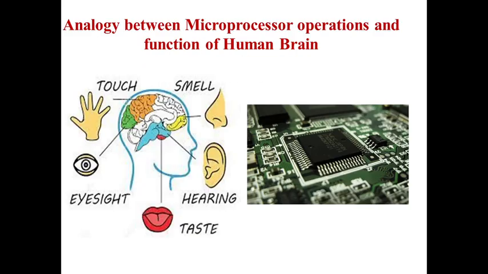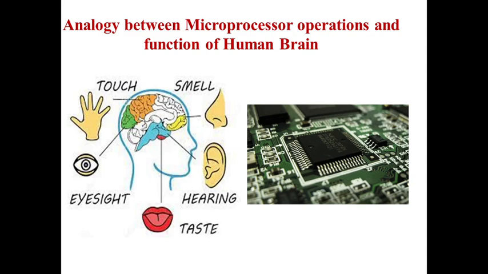To understand the microprocessor operation, here we can make an analogy between microprocessor operations and the function of the human brain. As I said, how the microprocessor works: the microprocessor is used to perform certain tasks.